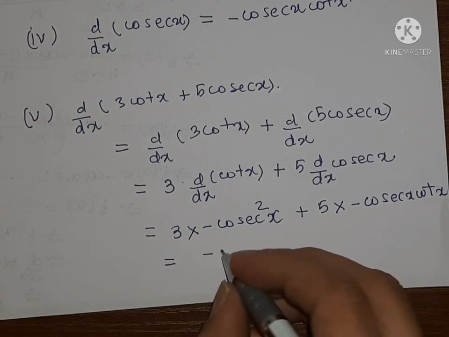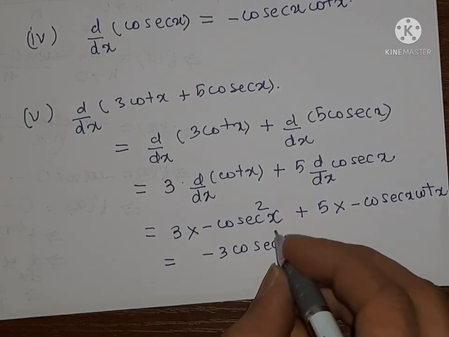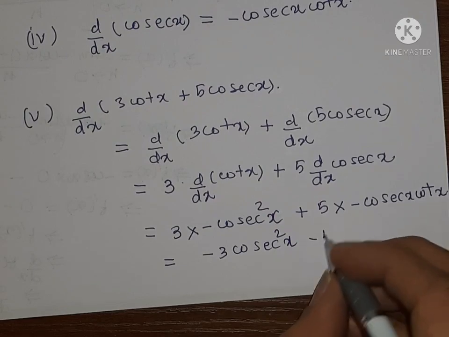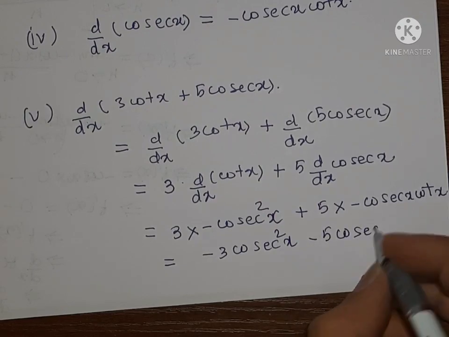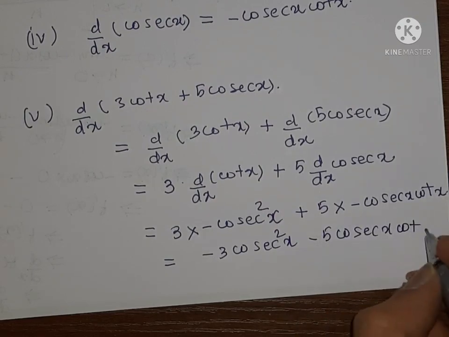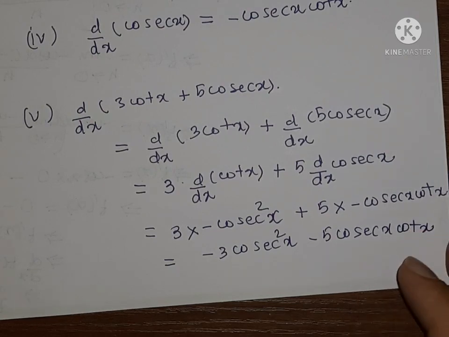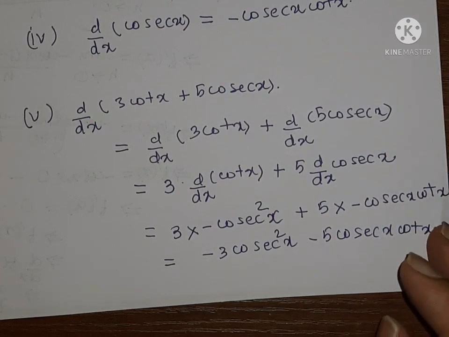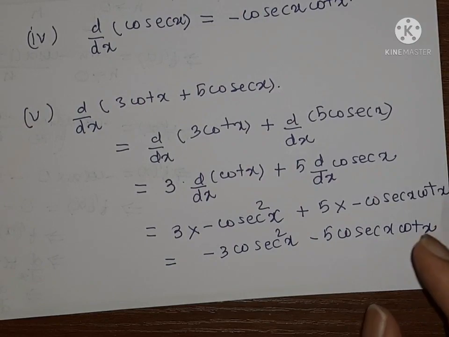So this will be equal to minus 3 cosec square x minus 5 cosec x cot x. That is the fifth.